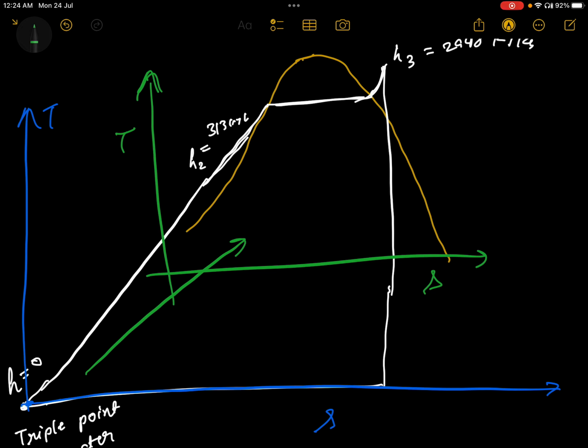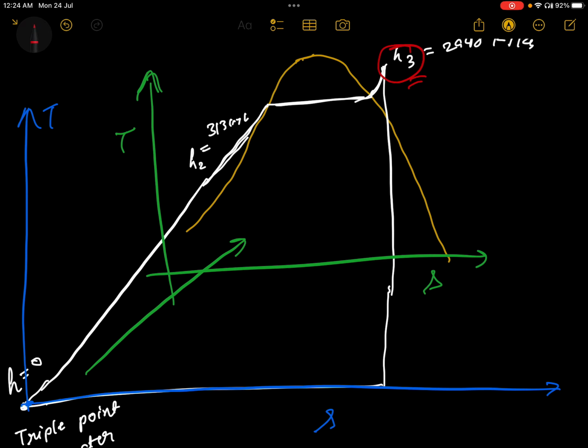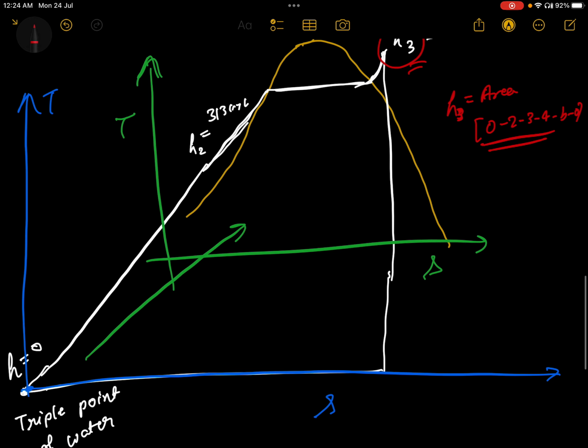So now we can understand some of the things, like what H3 is. If you want to find out H3, there are some things to understand. We'll show that H3 is actually the area of 0, 2, 3, 4, B, 0. I'll show all these points.